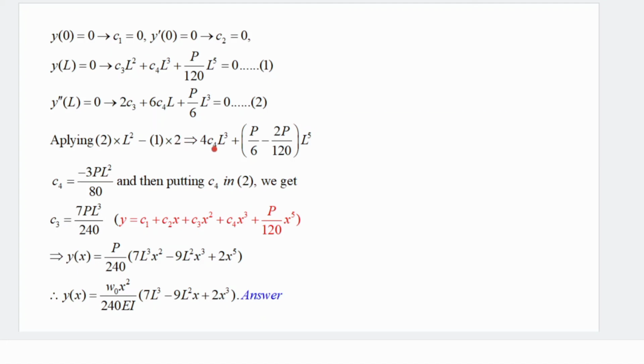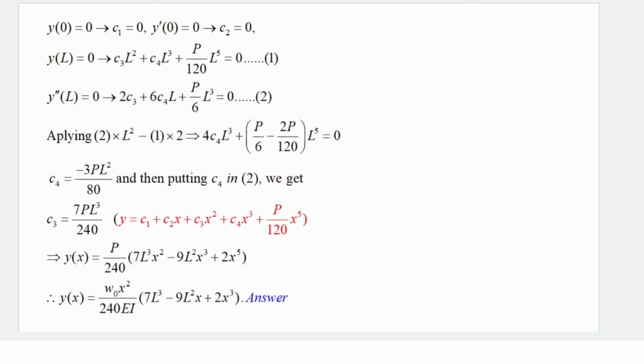Then we get 4C4 L cubed. So when we solve equations 1 and 2, we get C4 equals minus 3P L squared divided by 18. Then putting this C4 in equation number 2, we get C3 equals 7P L cubed over 240.